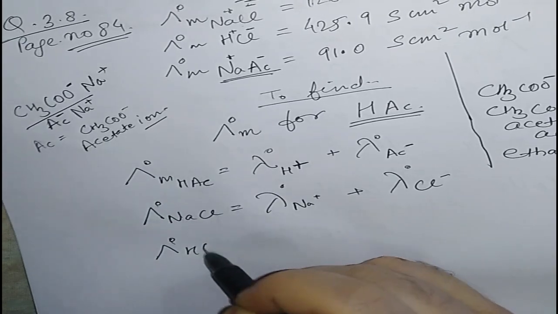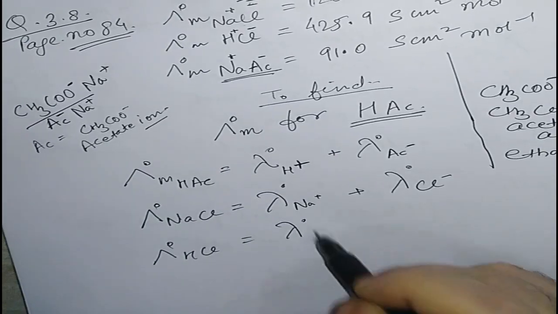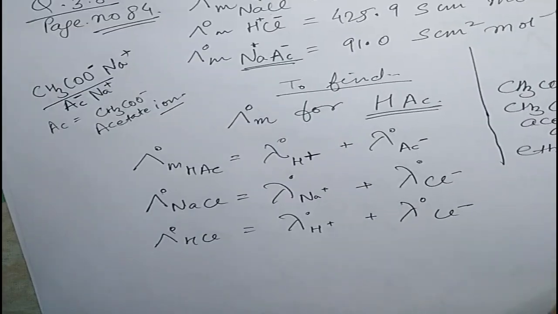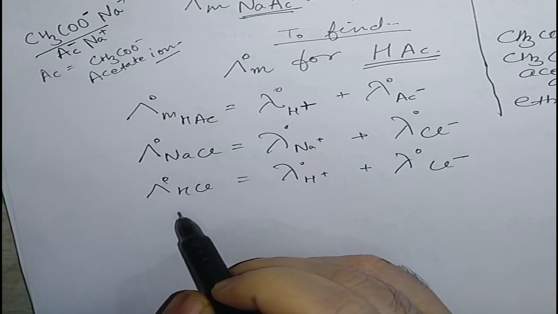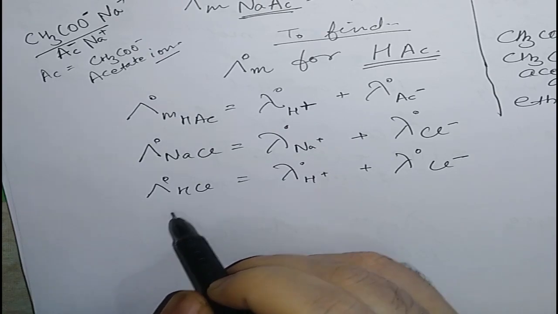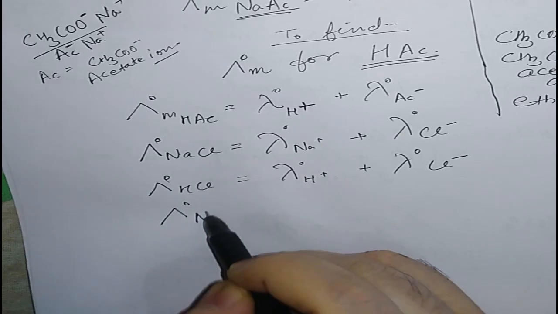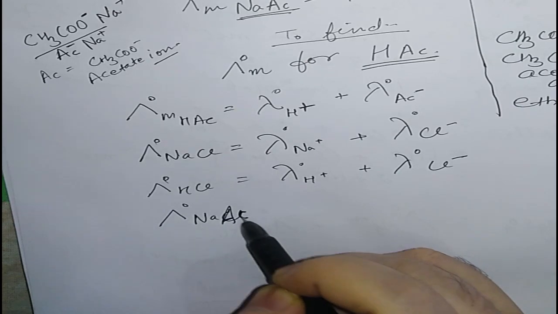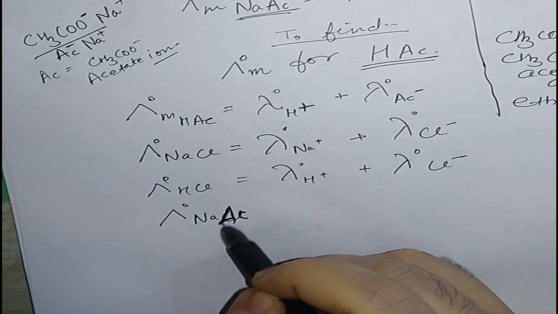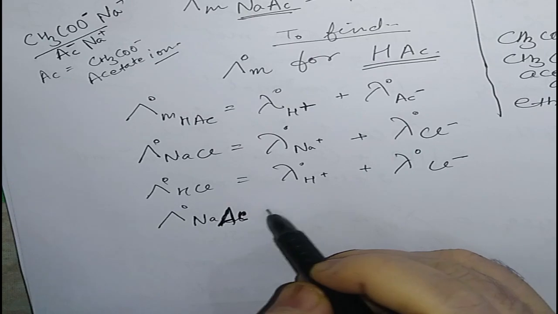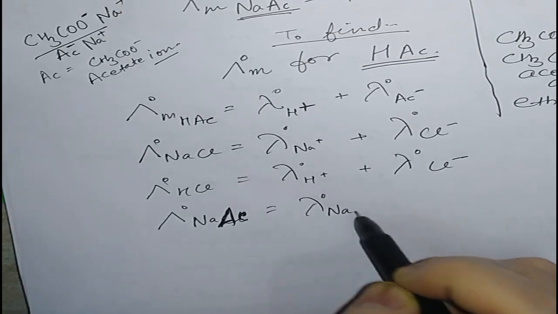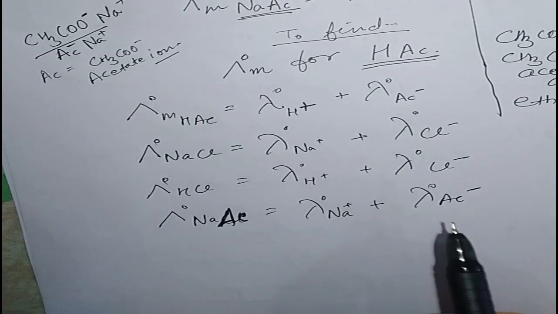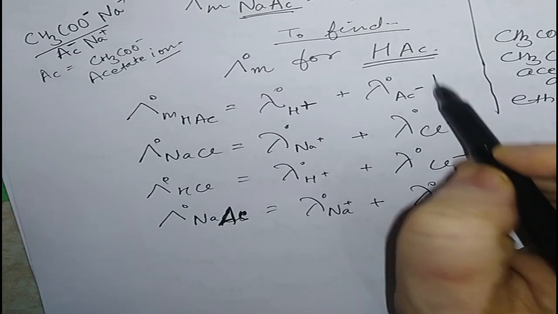Next can be written as, and the last one. Now we have to arrange it in such a way that we get this value.